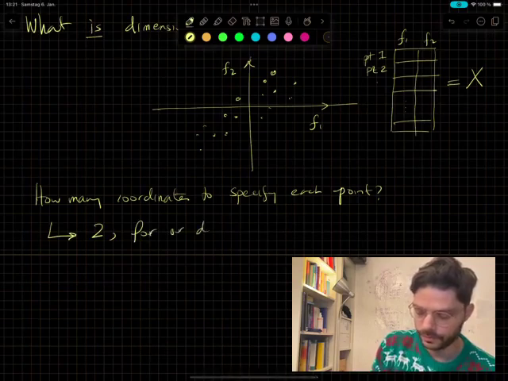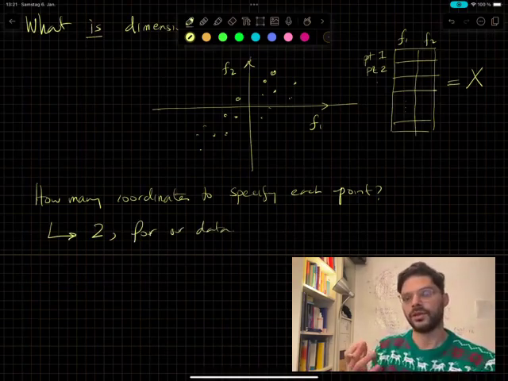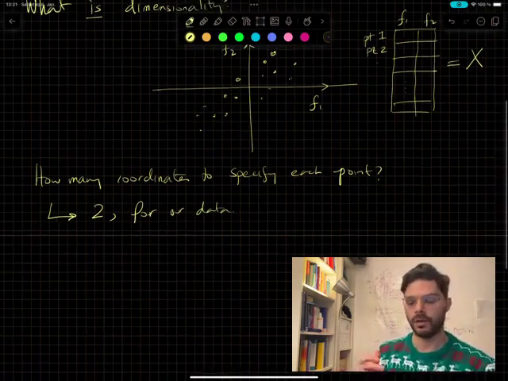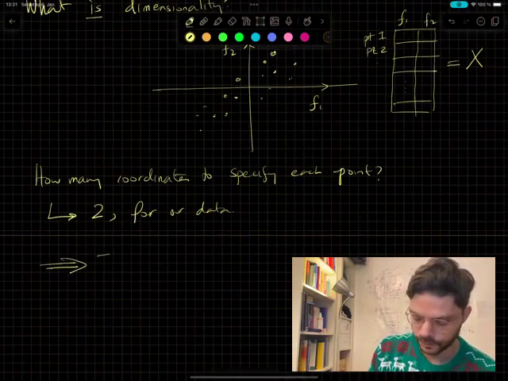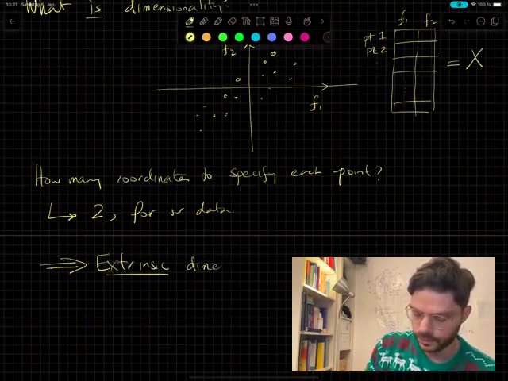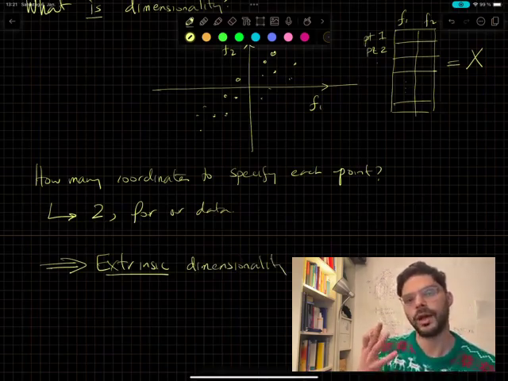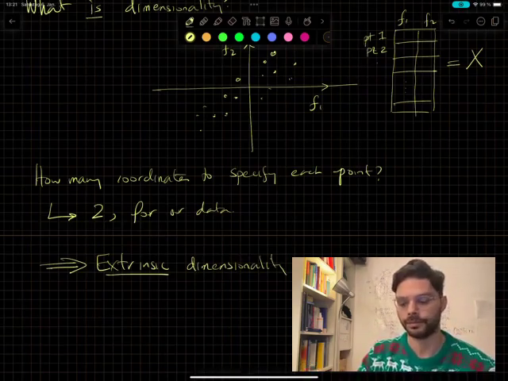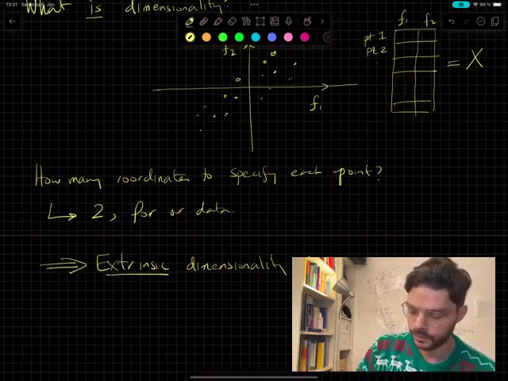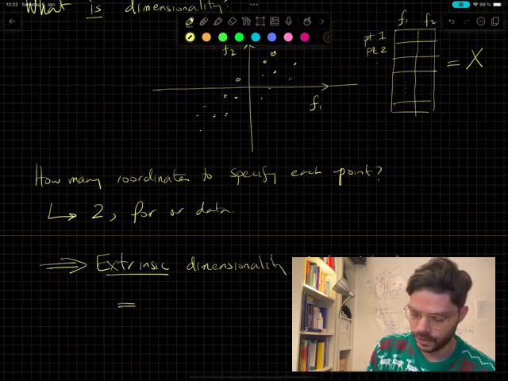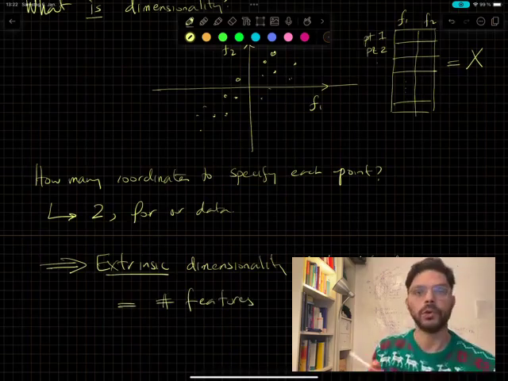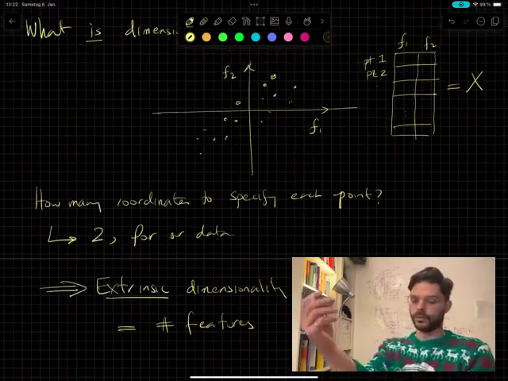This is something that's called the extrinsic dimensionality of a data set. It's basically the dimensionality of the space the data is sitting in, equal to the number of features, more or less. So for us it's 2.